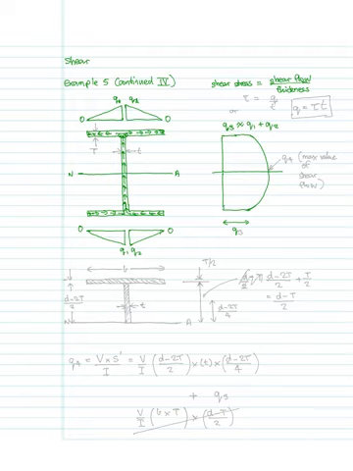And just to complete the picture, I'll draw that around there with that value there being Q3. So we're asked to calculate the value of Q4, which would be that value there, that value Q4.